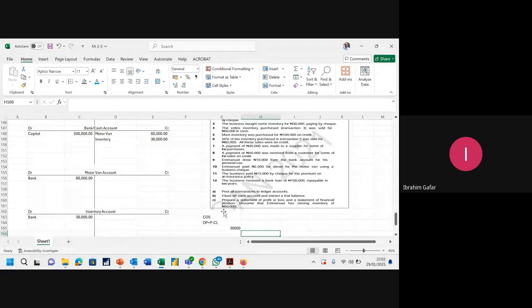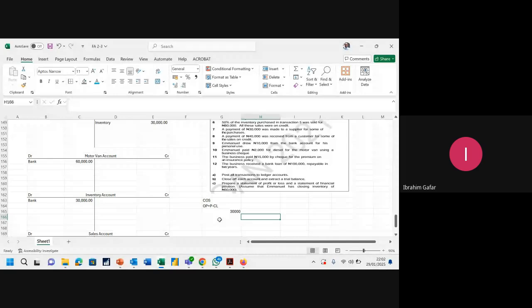Then your cost of sales will now be debited. What do I mean? If I say sales, I don't want to go to all this extent so that I will not be confusing people. So this was sold for 50,000 naira.